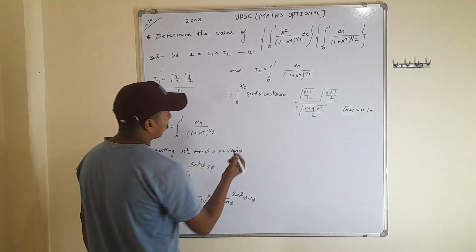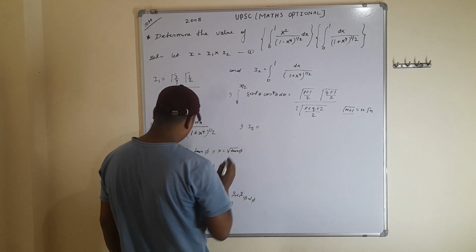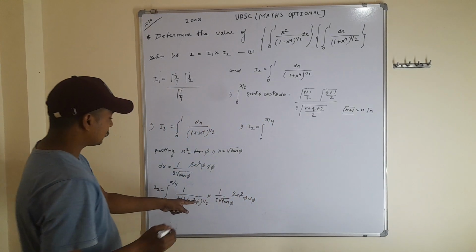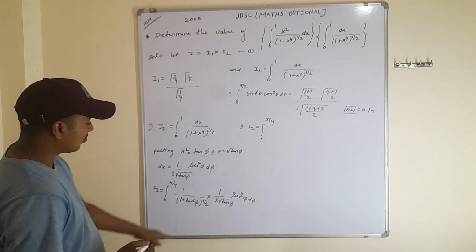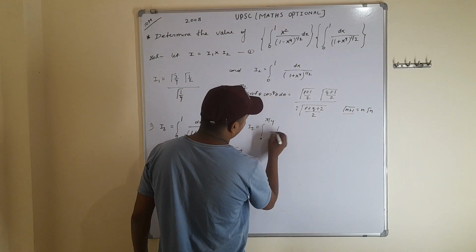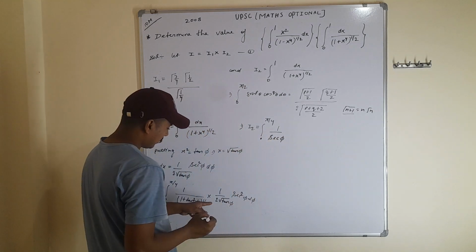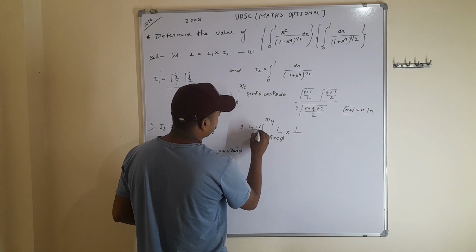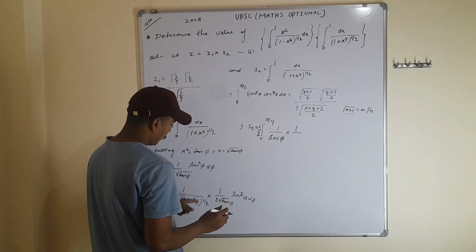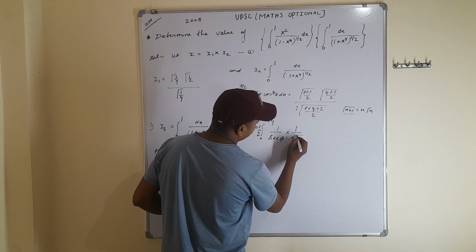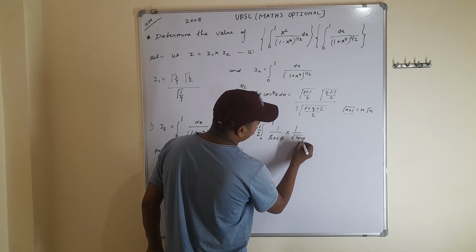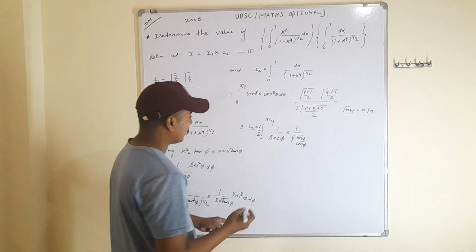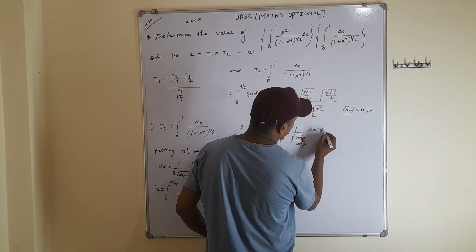Using the result from here, I2 is equal to 0 to pi by 4, 1 plus tan square phi is sec square phi, and sec square phi to the power 1 by 2, that is sec phi, 1 upon sec phi, and into 1 by 2 is common out, 1 upon root tan phi, tan phi is written as sin phi upon cos phi, and here sec square phi is already present, sec square phi d phi.